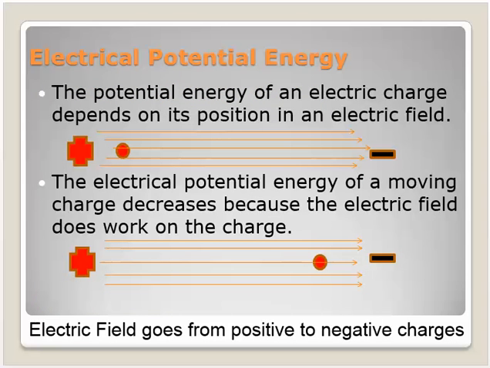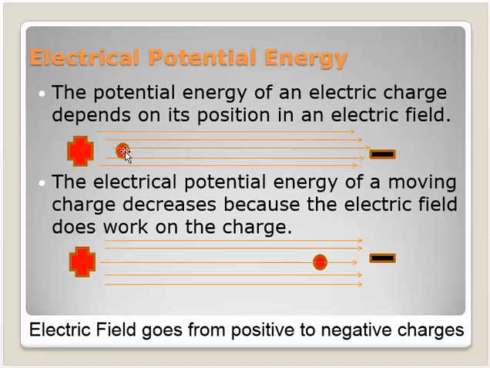The electrical potential energy of an electric charge depends on its position in an electric field. So if you can see right here, this ball has a lot of electrical potential energy right now. We've got a positive charge, and the flow goes towards this negative charge over here. And I've got this smaller positive charge, positive meaning they're red right now in my diagrams.